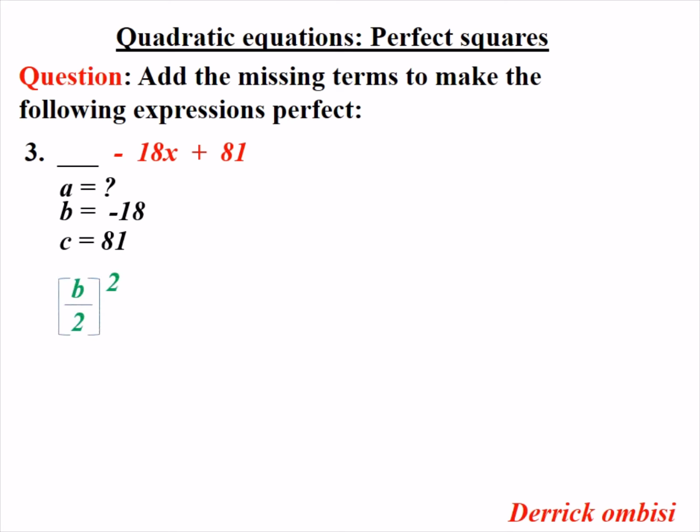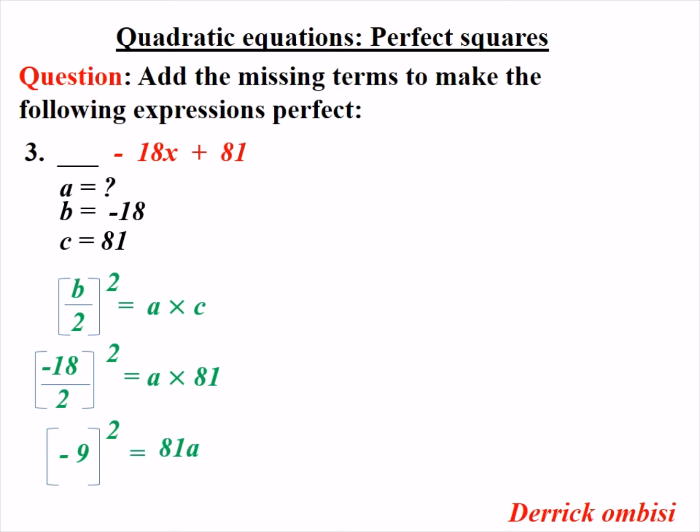So b over 2 squared should give us a multiplied by c. Negative 18 over 2, squared, should give a multiplied by 81, where a is the unknown you are looking for. Negative 18 over 2 is negative 9. Then you square it, and that gives 81, which equals a multiplied by 81.